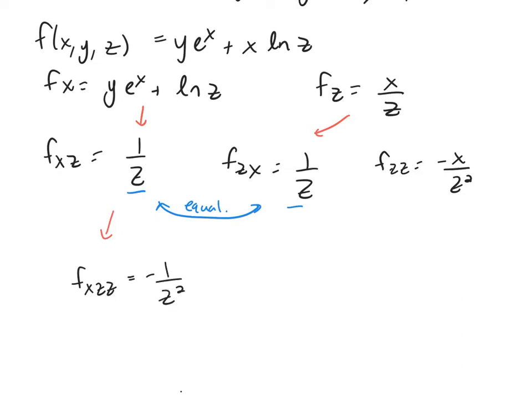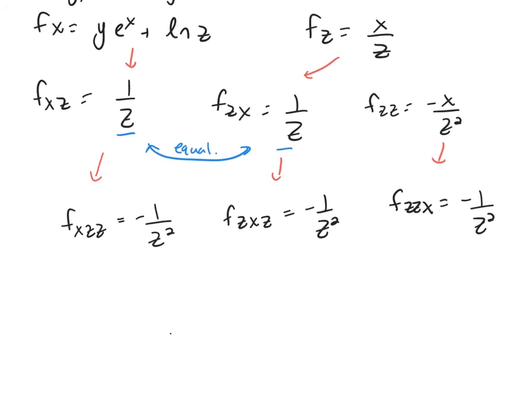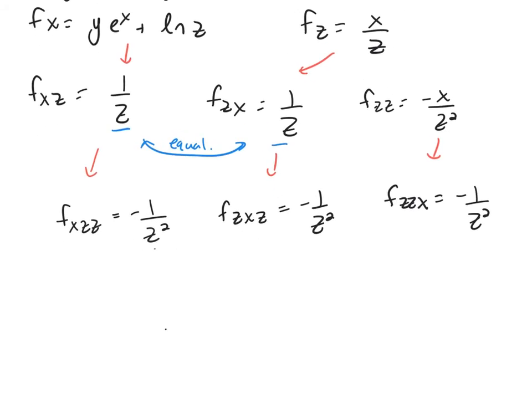Here, take the derivative with respect to z, negative 1 over z squared. And then here, if I take the derivative with respect to x now, it would be negative 1 over z squared. And again, these three things are all equal.